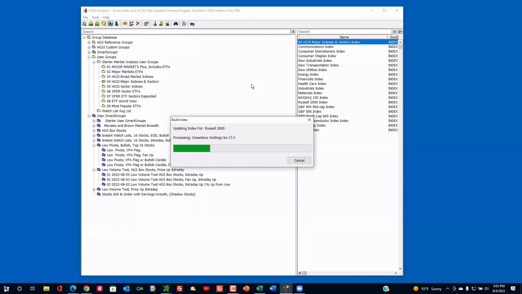I can do this throughout the day, or you can do this throughout the day. What it does is it gives me a reading on what the market is doing. And you can see that I have the sectors in here and also the major indexes. I'm using a 7-year-old computer to do this.